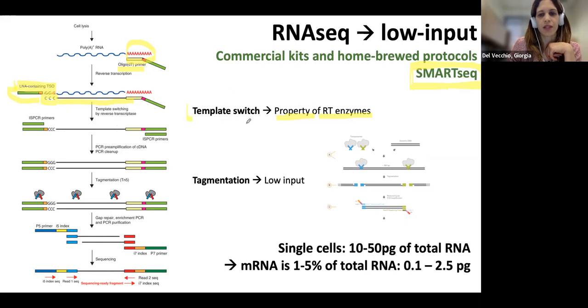Okay, so the template switch is a property of the RT enzymes. So thanks to this template switch property, we will have a double strand cDNA now.